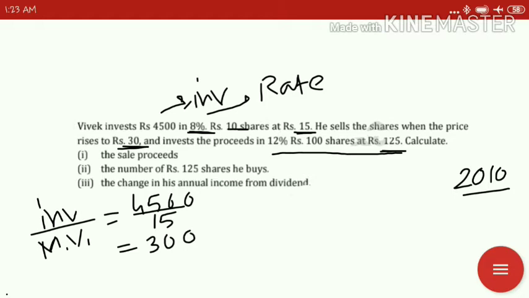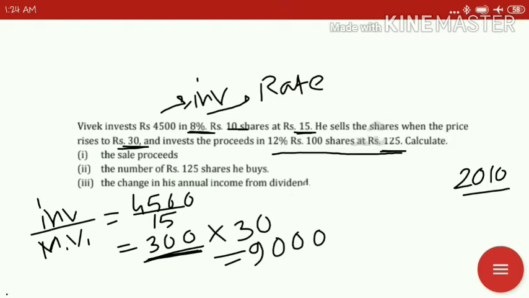So 300 shares he purchased in the first investment. Then he sold all 300 shares at rupees 30. So the sale proceeds will be the number of shares he sells multiplied by the new market value, that is 30. So the total will be 9000. So you got the first answer, the sale proceeds.